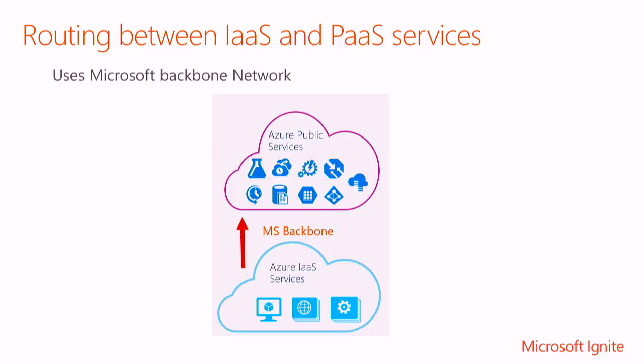So from their on-prem, they advertise a quad 0, and a PaaS IP range is not part of your VNet, and so the quad 0 route takes over. Even to reach your PaaS services, you are going to go back to your on-prem.